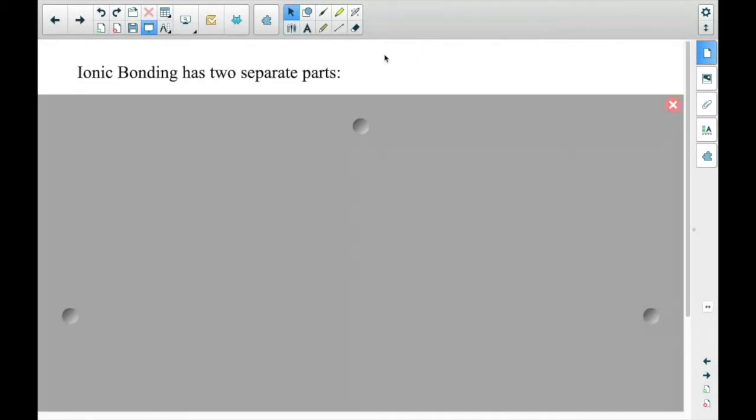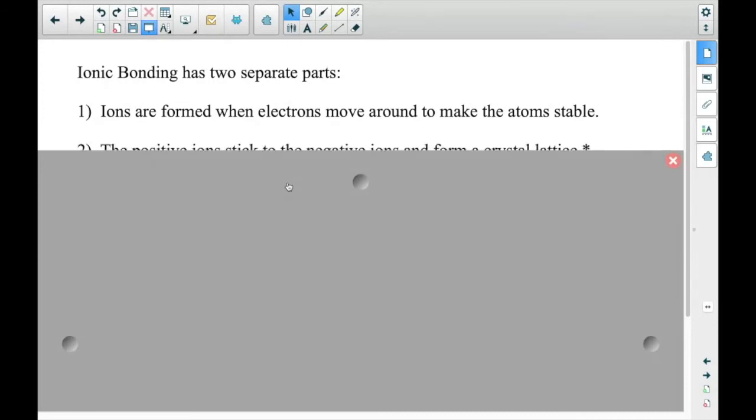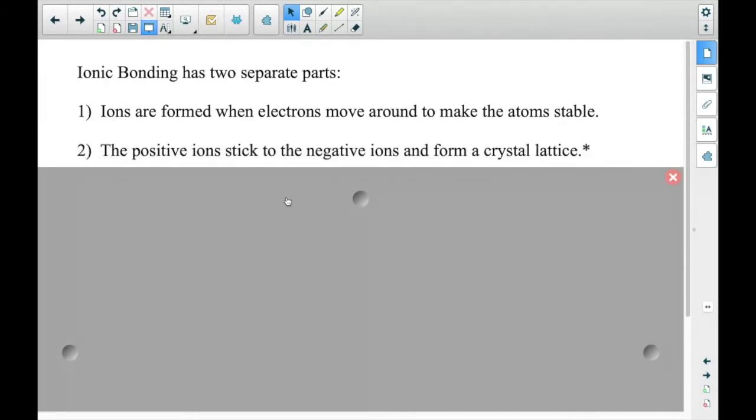So if we really think about it, ionic bonding has 2 separate parts. The first part is when we make the ions, when electrons move around to make the atoms stable. That's what we first talked about. The sodium didn't want the electron, gave it to the chlorine. Now everybody's happy. But they are positive and negative ions. And these positive and negative ions stick to each other.